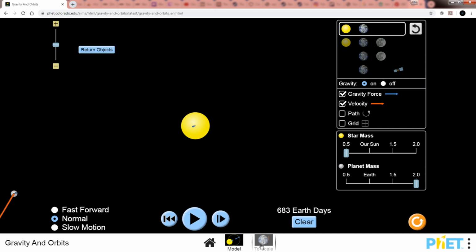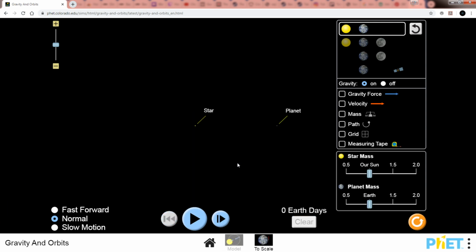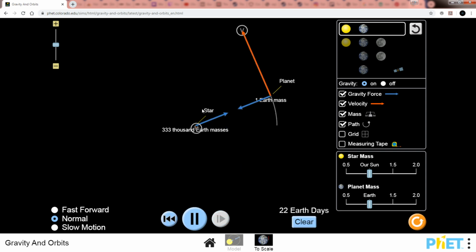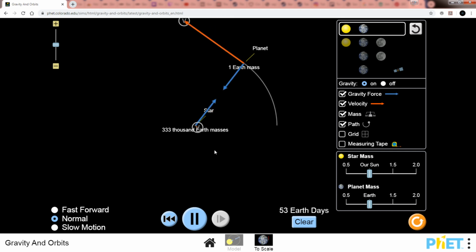You can also use to scale. Like before, when the Earth was going around the sun, it wasn't entirely accurate to the actual scale that you're looking at. Everything was a bit bigger. Whereas here, that's actually sort of how far away the sun is.